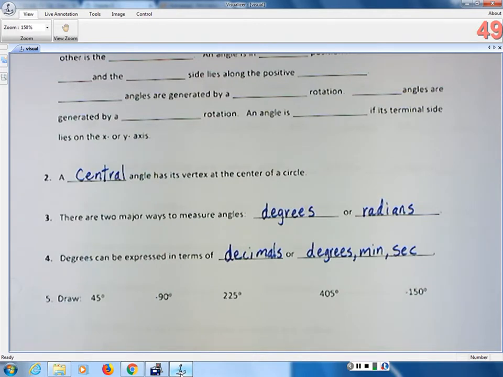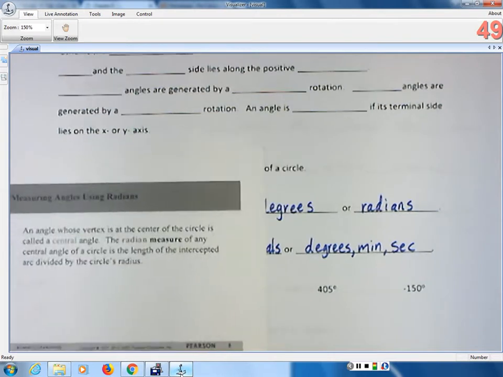Let's see. Look, I have the slideshow. Okay, we got quadrants. I don't know where, see, this slide was supposed to be. I was expecting this slide next.